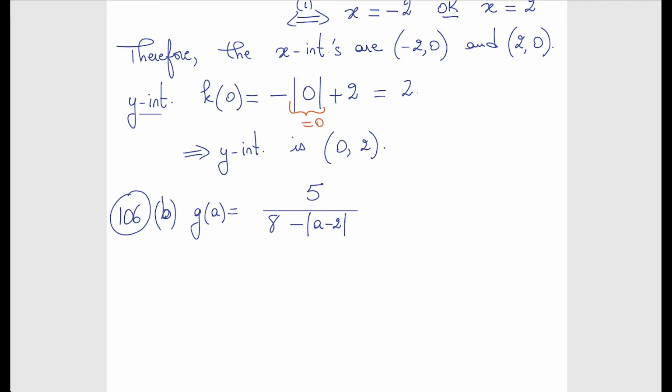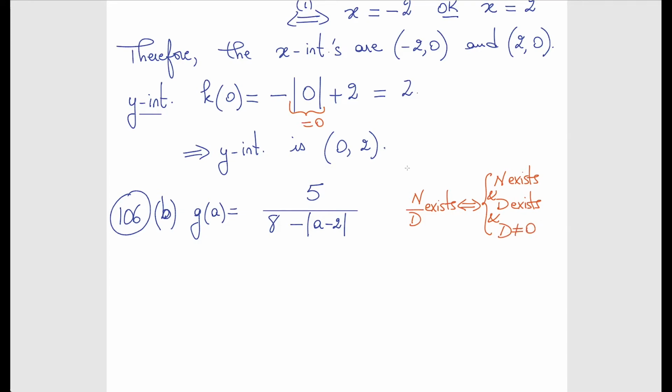So recall the following: a quotient n over d is meaningful, so it's a number, if and only if three things, we talked about this in the other video: n itself exists and d also exists in their own rights, right? And lastly, the denominator is not 0.